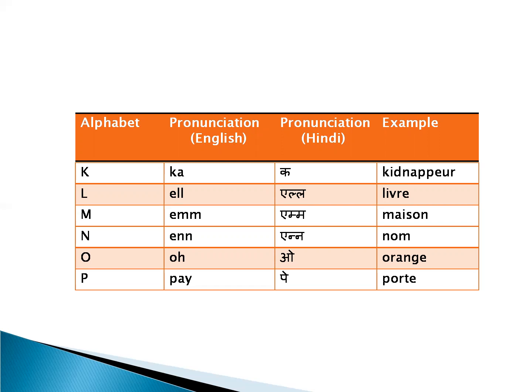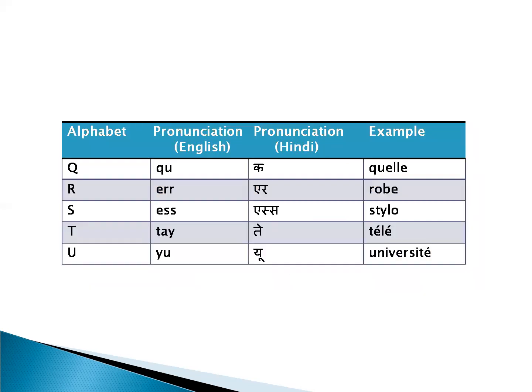Pay means fourth. Okay. The next we have is Q, which is cur. And one example is quel. Quel means what? The next we have is R, which is R in French. And one example is robe. Robe means a dress. Okay.